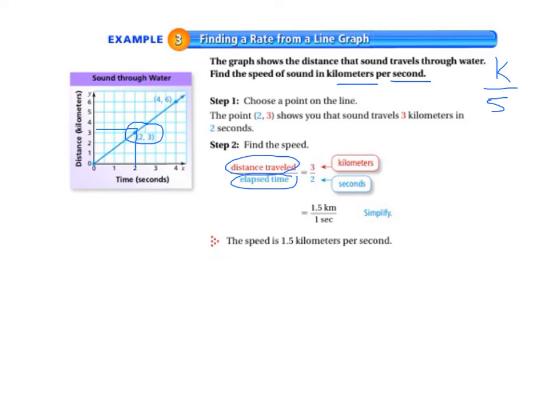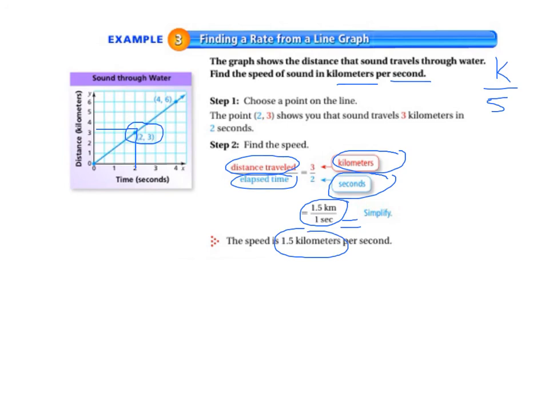So if we look at how far it went, 3 kilometers, and it did that in 2 seconds. So kilometers is 3, seconds is 2, and we simplify that, meaning we get the bottom of our fraction to equal 1, so we divided the top and the bottom of our fraction by 2, and then our speed was 1.5 kilometers per second.